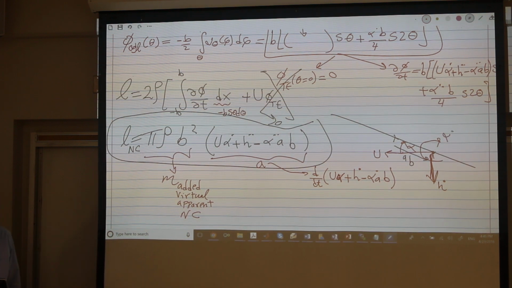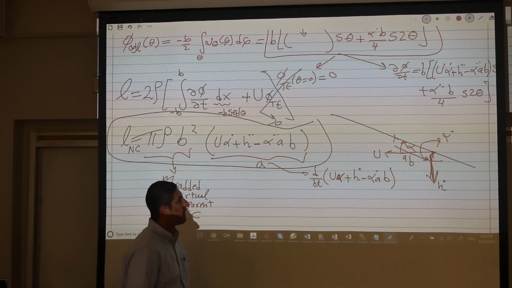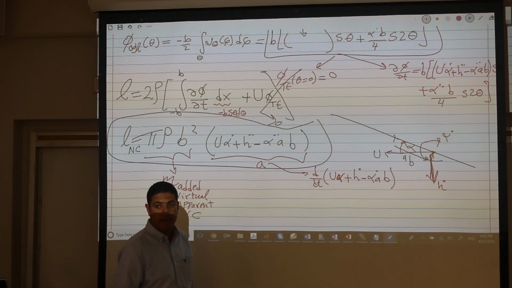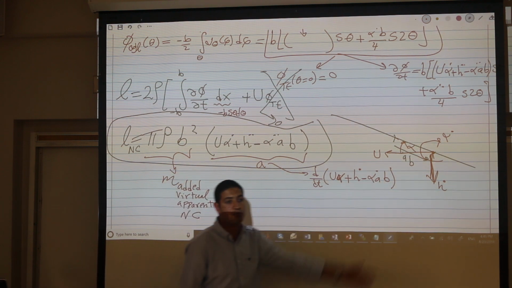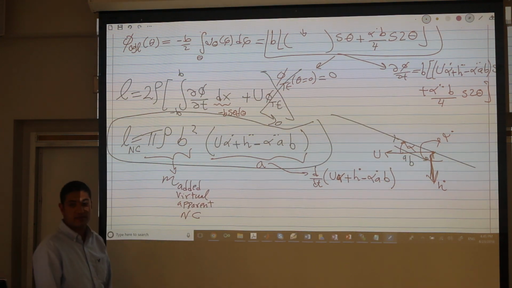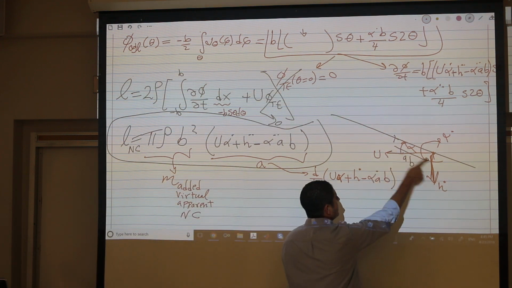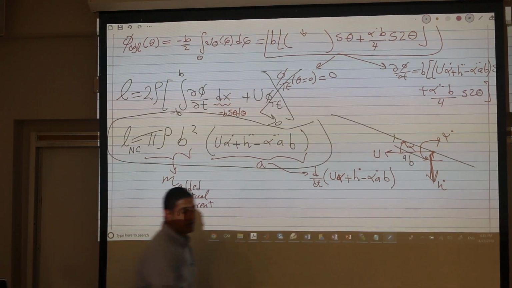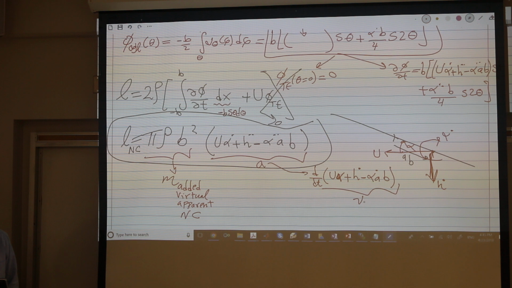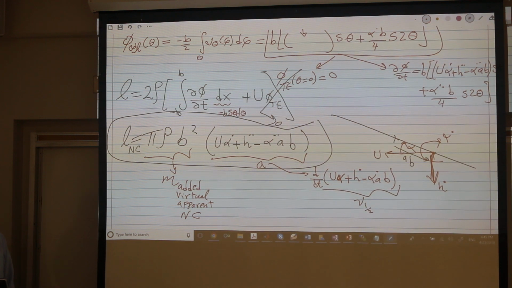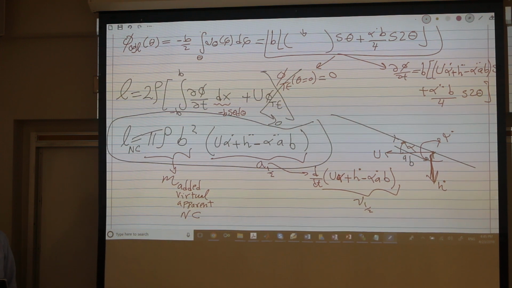So at what point? It's at the center. Alpha dot multiplies by AB, so it's the normal speed at this point, the half chord point. D by dt for it is the acceleration at the half chord point.